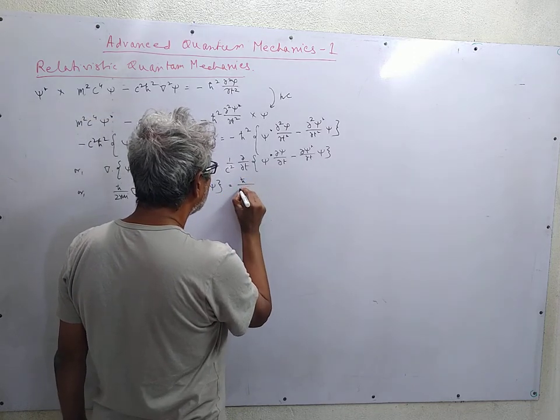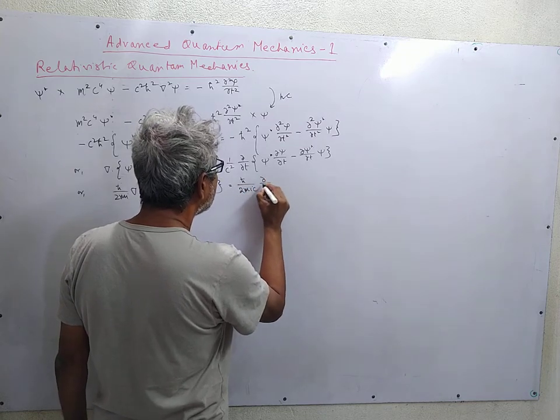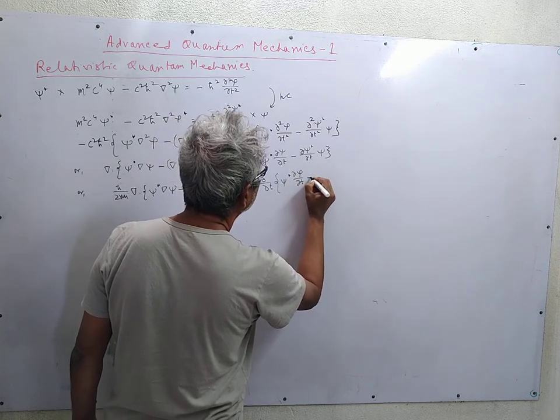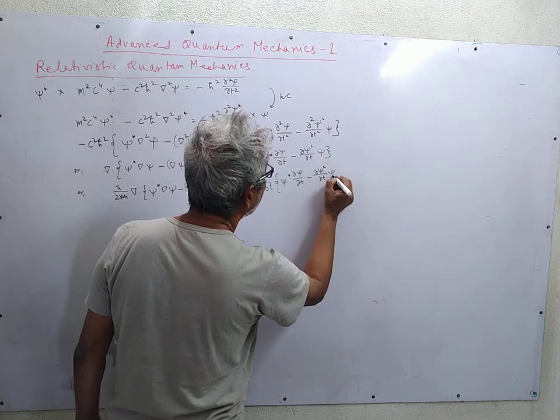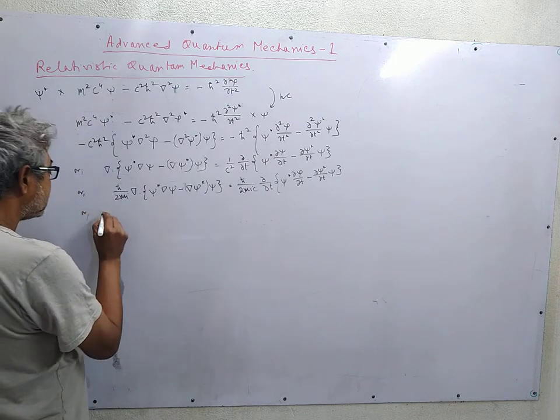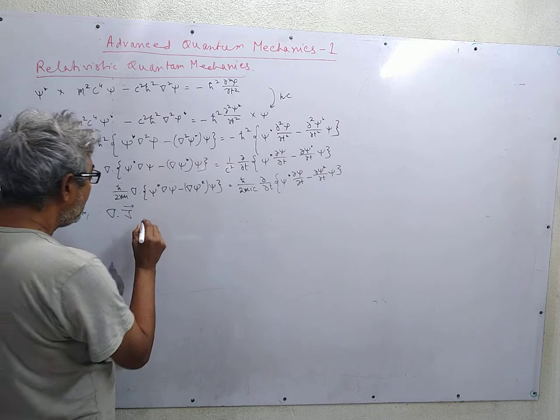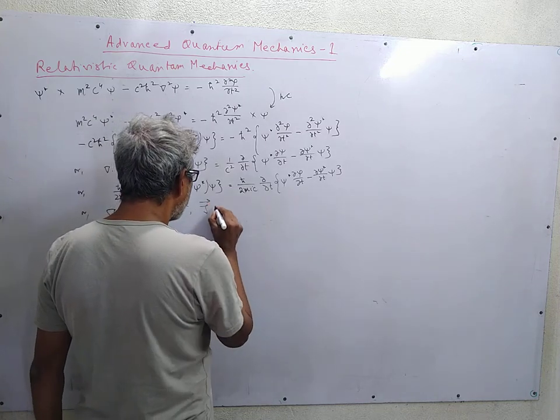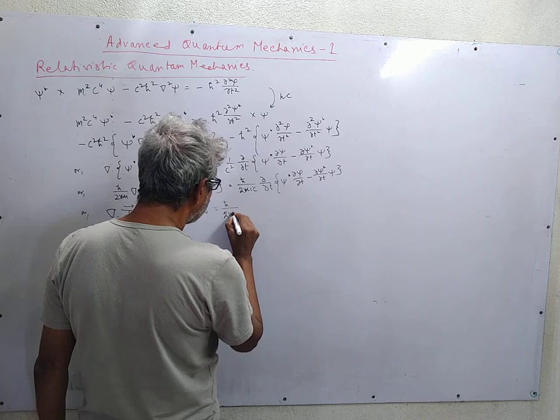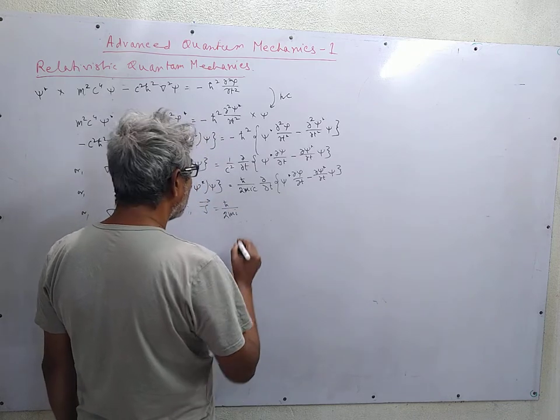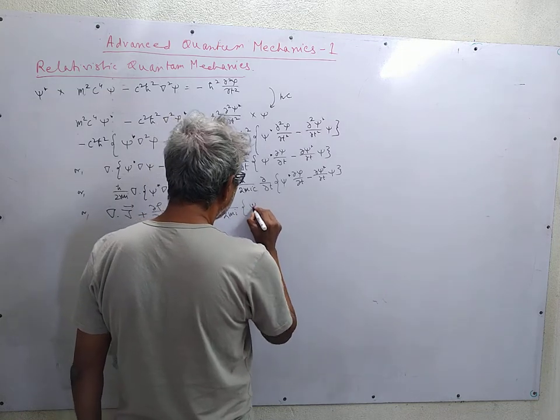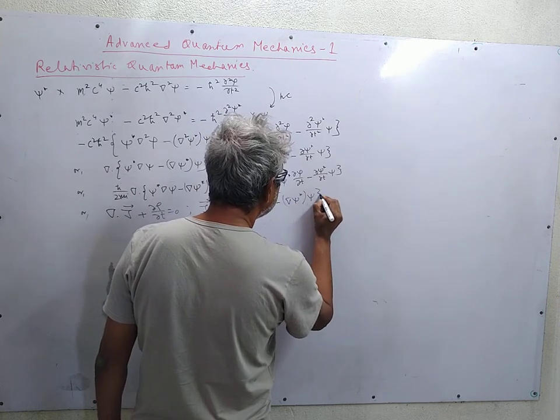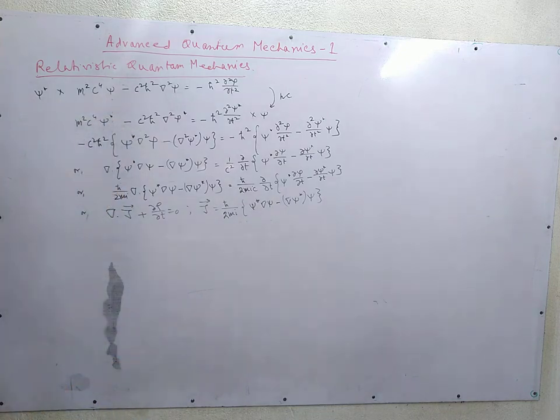So h line 2mi by c del t of psi star, or we write it as divergence of J plus del rho del t is equal to 0, where the probability current density is the same as we have used in non-relativistic theory.